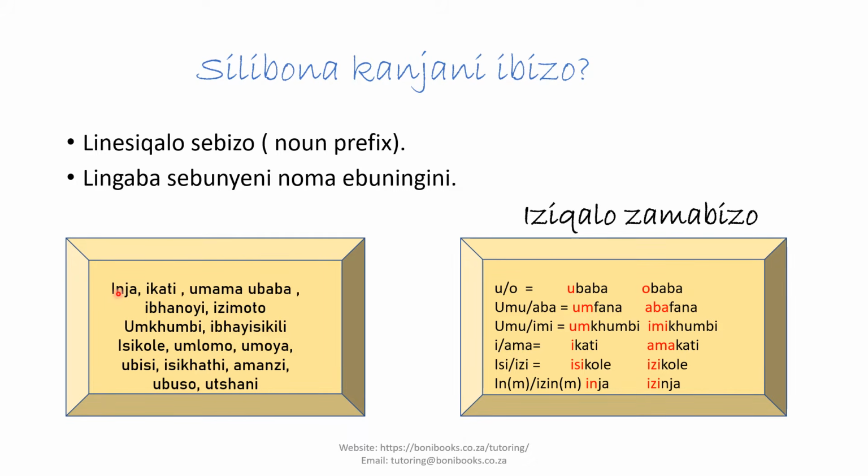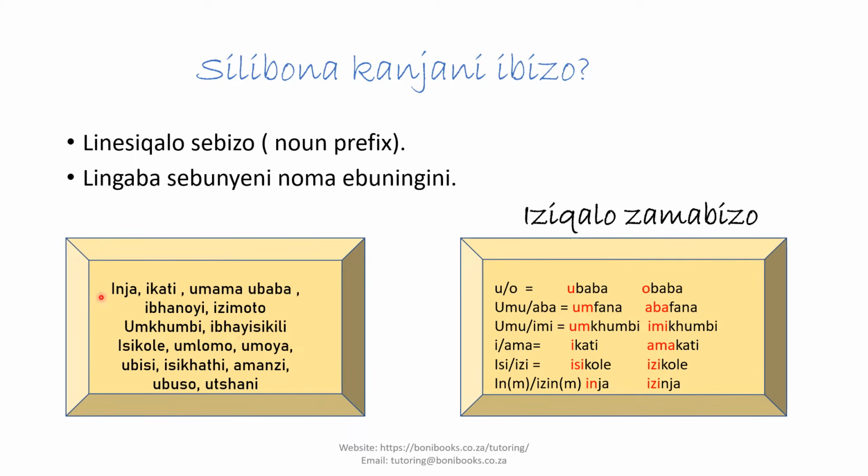The first one is inja, ikati, umama, ubaba, ibhanoyi, izimoto, umkhumbi, ibhayisikili, isikole, umlomo, umoya, ubisi, isikhathi, amanzi, ubuso, utshani. So these are my nouns.